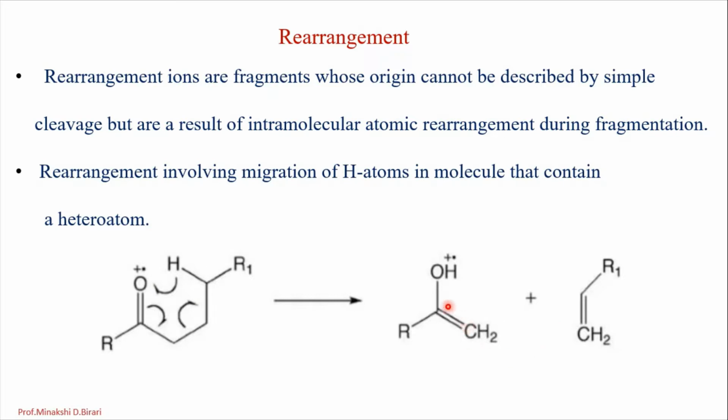Rearrangement ions are fragments whose origin cannot be described by simple cleavage, but are the result of intramolecular atomic rearrangement during fragmentation, and it is the migration of hydrogen atoms in a molecule that contains a heteroatom.